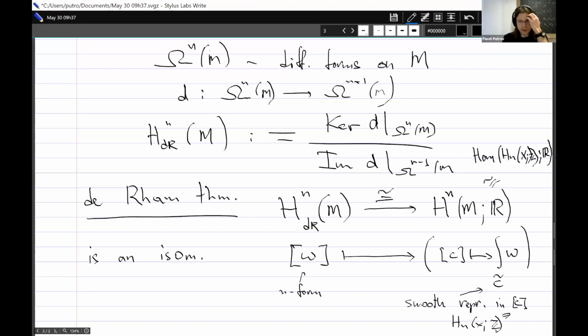As I said before, a smooth representative means we choose all these maps alpha from n simplices to our space to be smooth.